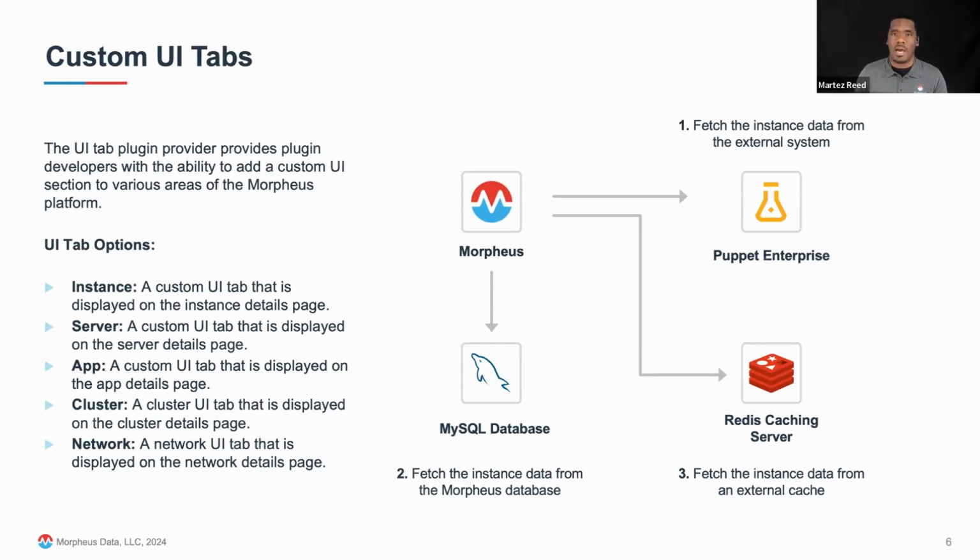A potential third option would be something like referencing an external caching solution or some other mechanism to pull that data. In this case, I am actually leveraging a Redis caching server, which is some of what we saw on that integration configuration page, where I specified that I wanted to have the ability to be able to select whether I wanted to leverage a cache or not.